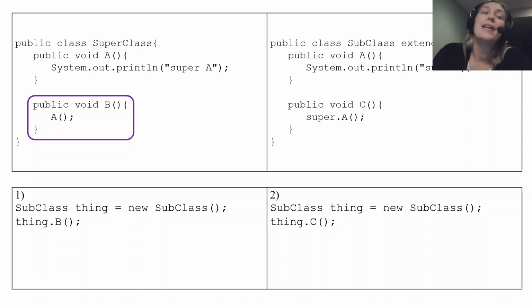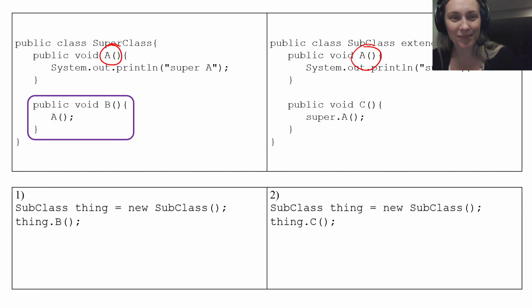Now in that B method, I have A, empty parameter set. So I'm calling the method A. Here's the thing. Which A method do I run? Do you know? We've seen this before, so hopefully you kind of know.